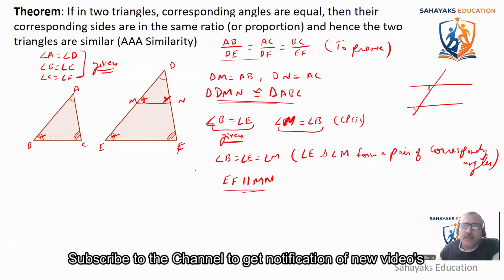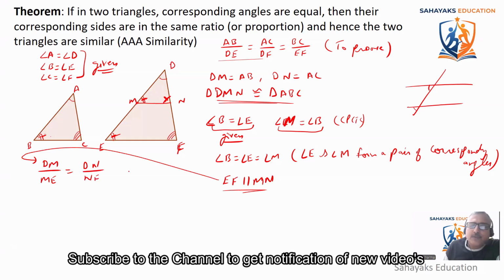When EF is parallel to MN, we already know that in the previous theorem we have seen that DM by ME is equal to DN by NF. Okay, and I'll just reverse it to write.